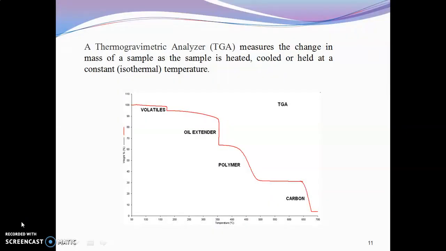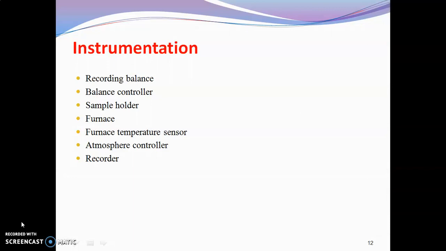The thermogravimetric analyzer measures the change in the mass of the sample as the sample is heated, cooled or held at constant temperature.